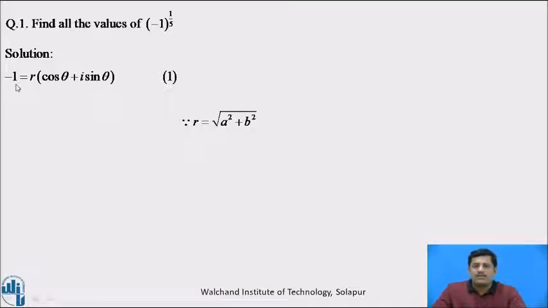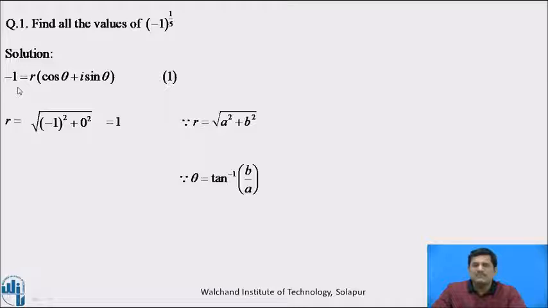Here a is minus 1 and b is 0. So we write r equal to square root of minus 1 square plus 0 square, and it is simply root of 1, that is 1. And we know that theta is tan inverse of b by a.